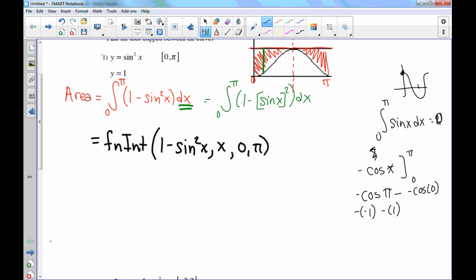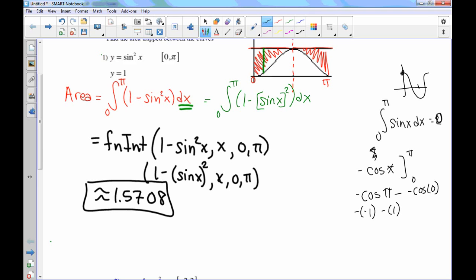Do you know how to type 1 minus sine squared in your calculator? You need to just do 1 minus parentheses sine x parentheses squared, comma x, comma 0, comma pi. And what do you get? Oh, 8, we could say, right? Okay, so it's approximately 8 because we rounded it.